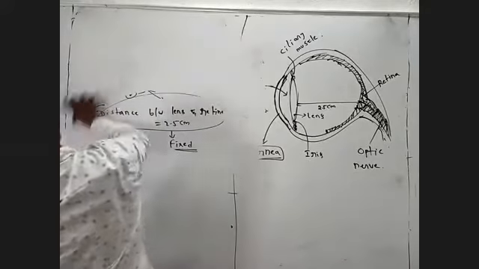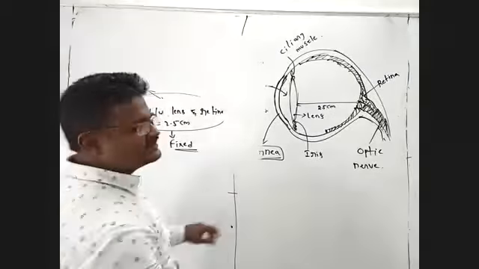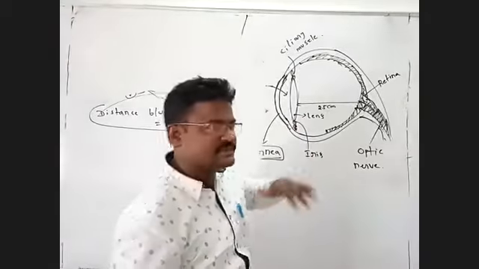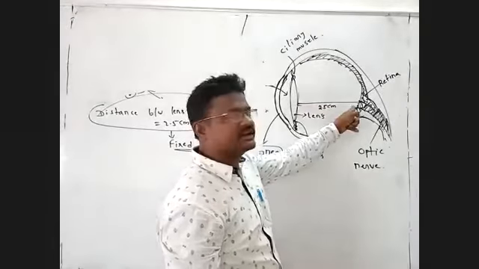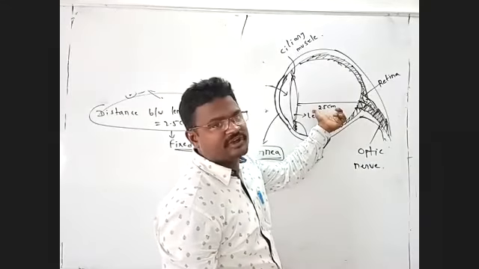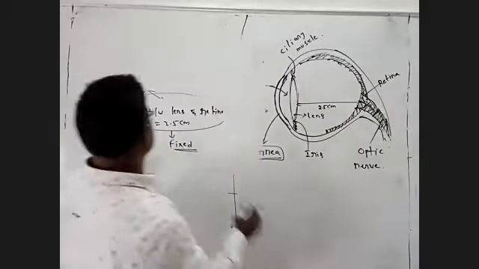My point is that the distance between the lens and the retina is 2.5 centimeters for any object.